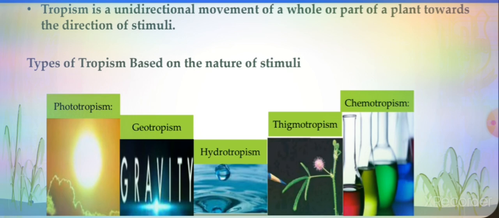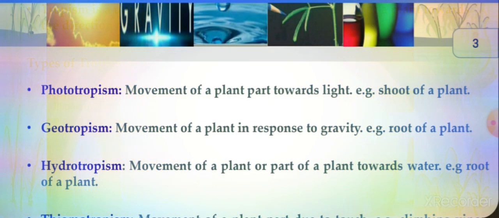That pollen tube is directed by a stimulus, and that stimulus is a sugary substance. Due to the secretion of a sugary substance by the stigma, the pollen tube germinates, and that is called chemotropism.